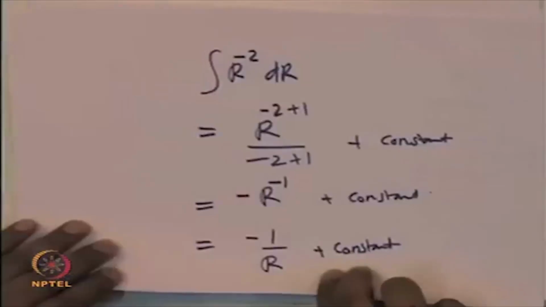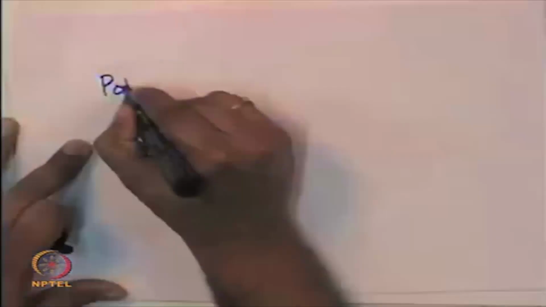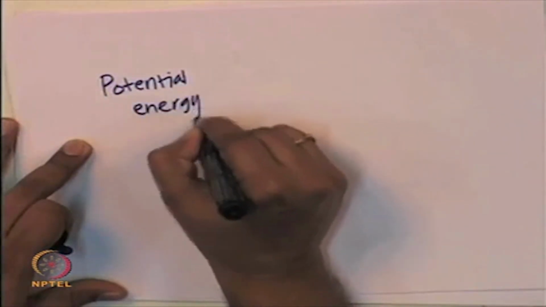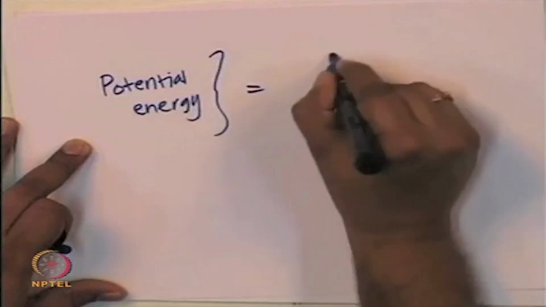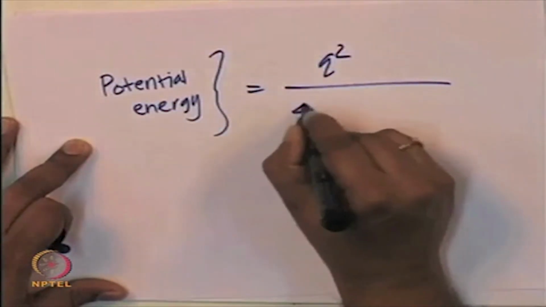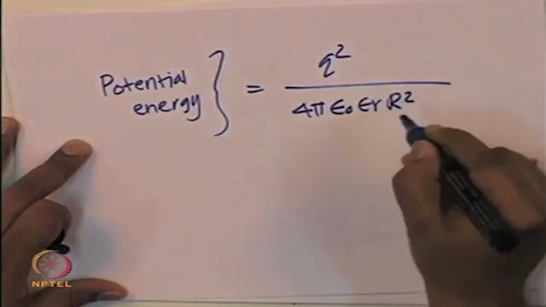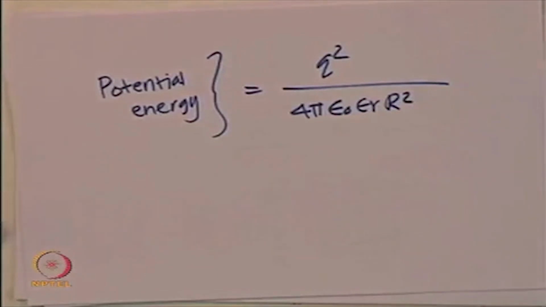In some textbooks you might see this as V. Typically V is what is used, so you will see the potential energy typically written as V. So let me write: the potential energy of a two charge system is q square by 4 pi epsilon 0 epsilon r, times 1 by r, plus a constant, and that constant can be anything.